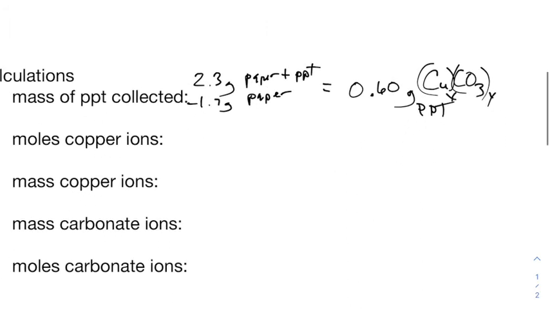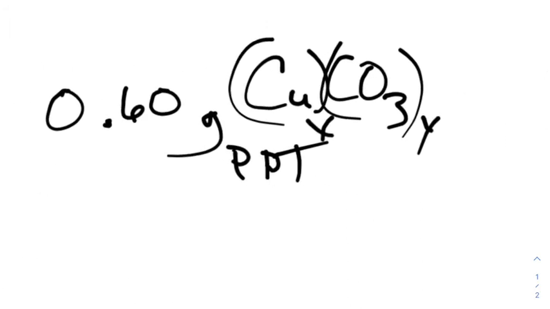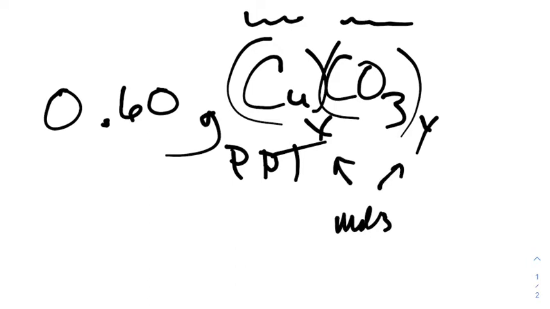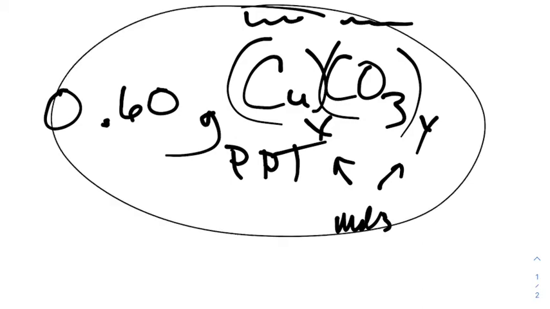All right. Now, we know that of the 0.6 grams, some of it is copper and some of it is carbonate. Our job, again, is to figure out the moles of each to figure out, is it a 1-to-1 ratio or is it a 2-to-1 ratio? Well, we need to know both of them, but the nice thing is that we have the whole thing together, and if we know one of them, then we can know the other one by logic.